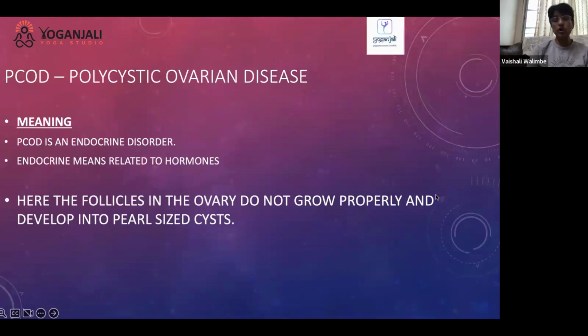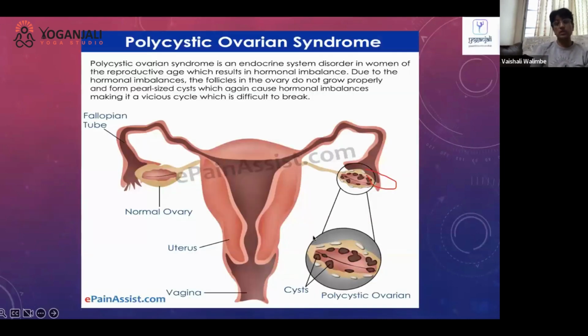The egg doesn't mature properly, and then it becomes a cyst, instead of maturing, breaking the follicle and coming out of the ovary.